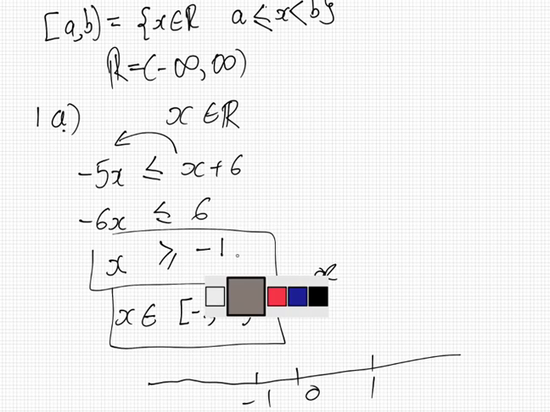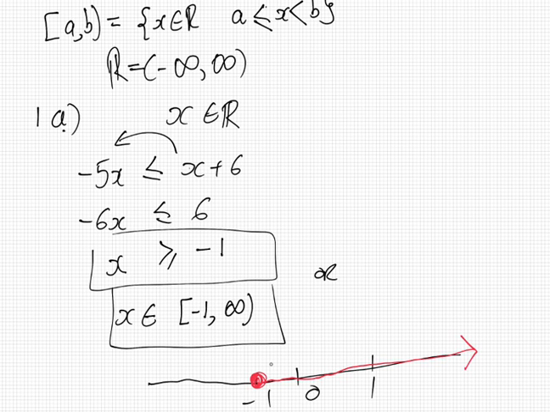My solutions are all the numbers bigger than minus 1, so all these numbers from minus 1 to infinity. To show that minus 1 is included, I colour it in. So I'm saying minus 1 to infinity.